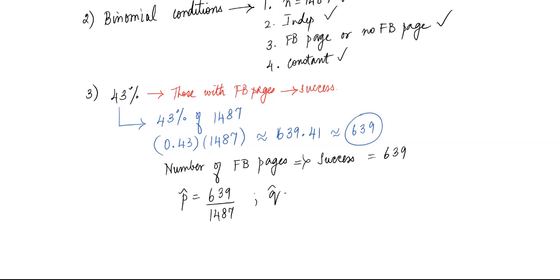So for q hat, you have to do 1487 minus 639, the remaining folks, those were the ones who did not have an FB page. So you have to do the subtraction. It's 848. And if you again did this fraction, you're going to get 0.43 here, and then you're going to get 0.57 there.